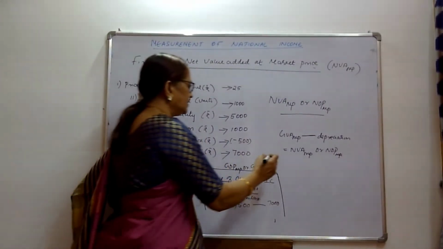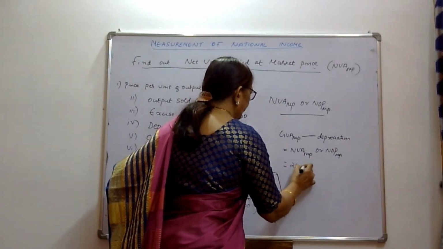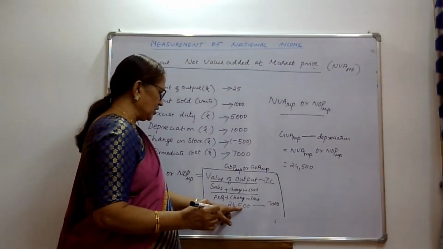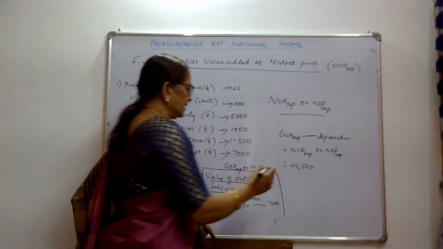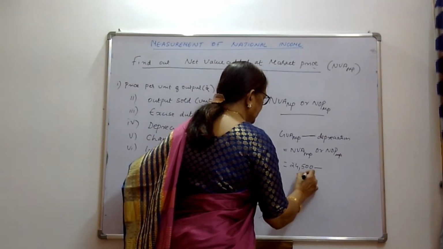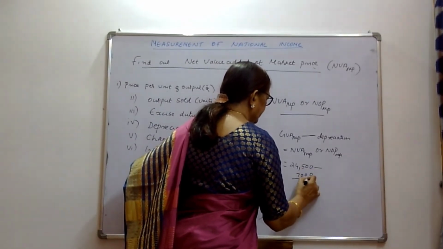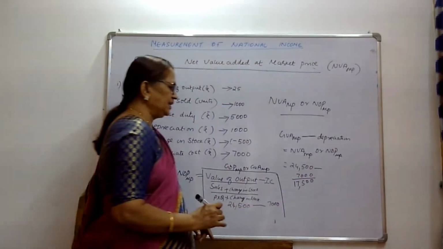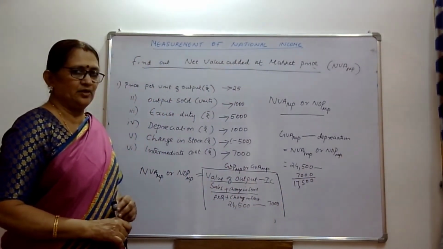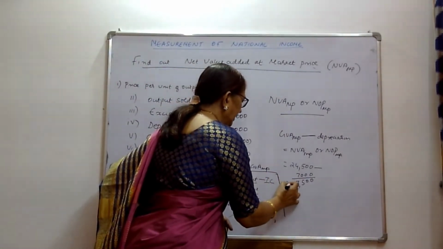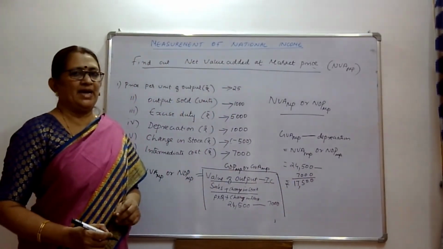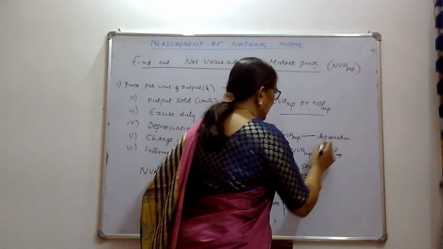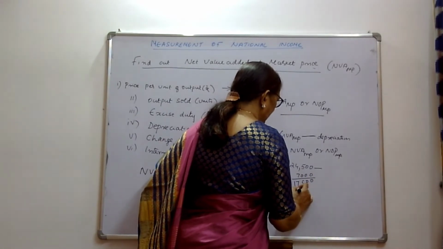So, 24,500, sales plus change in stock, minus 7,000, 17,500 rupees is gross value added at market price or GDP at market price, minus depreciation, that is 1,000.